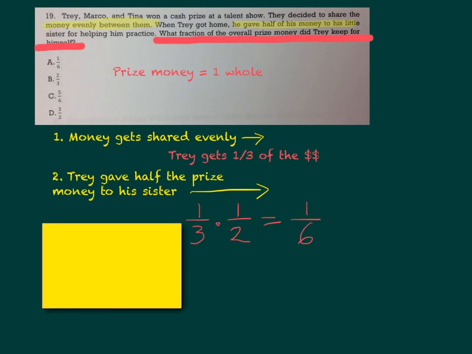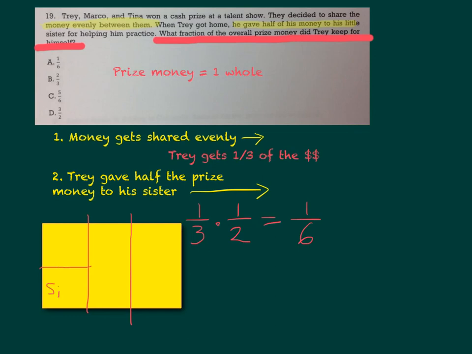Okay, so to recap, if you look at this money as a rectangle, at first the money gets divided among 3 people. Okay, so I'm cutting this into 3 parts. Trey gets to take this one part home. So this part is for Trey. And then when Trey gets home, he will give half his money to the sister.